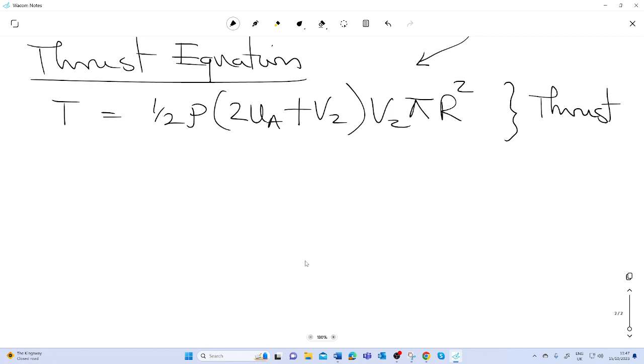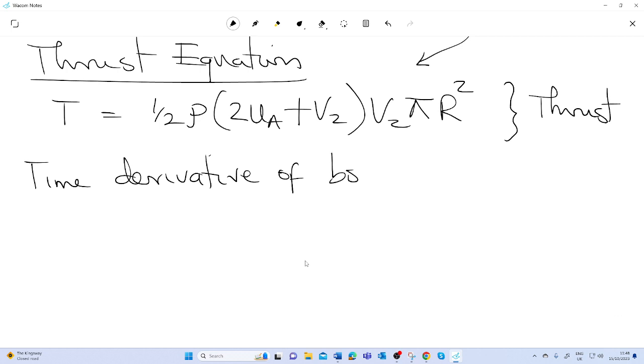Now, let's derive the time derivative of both sides of the equation.